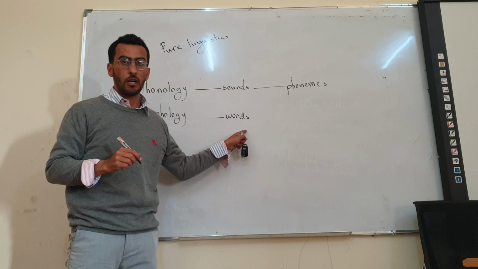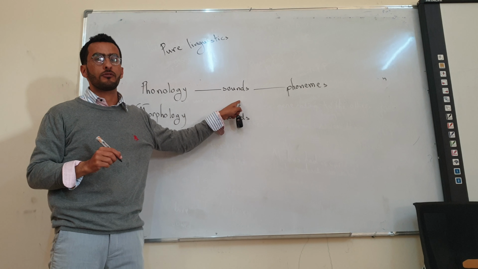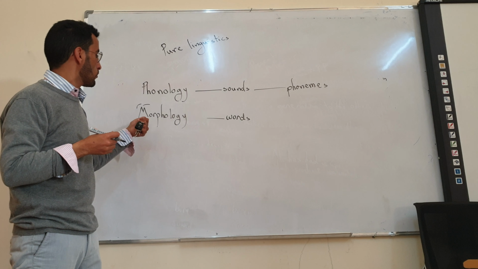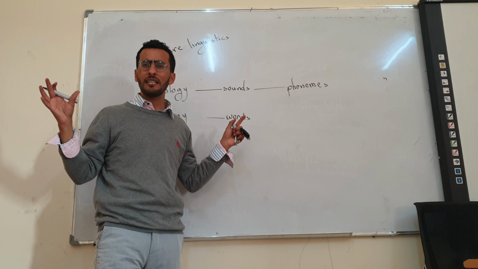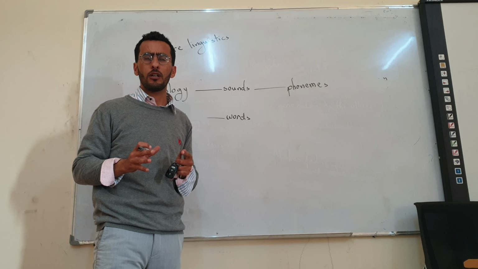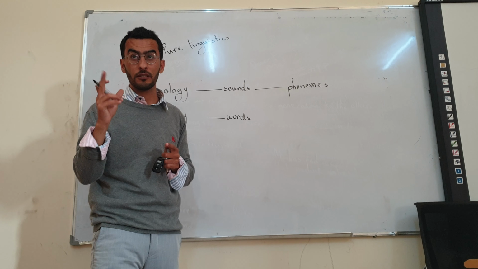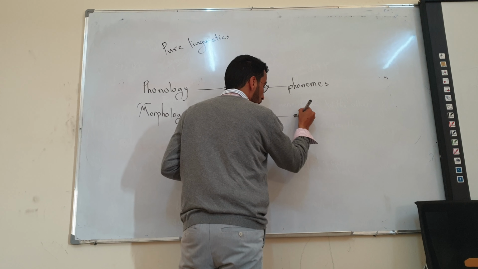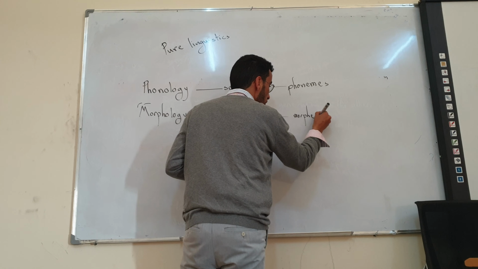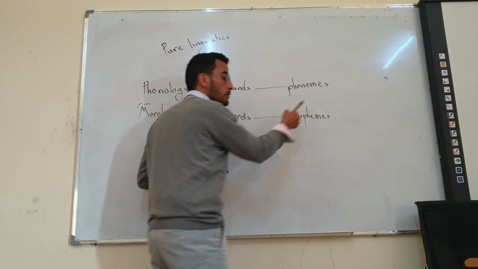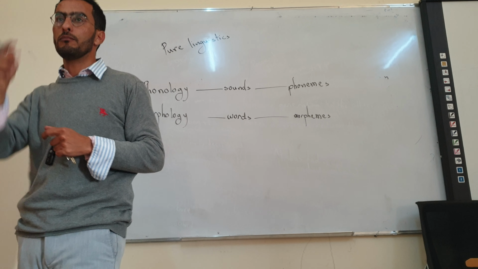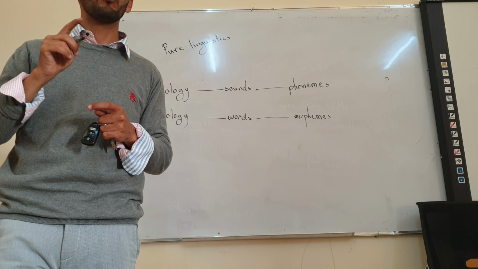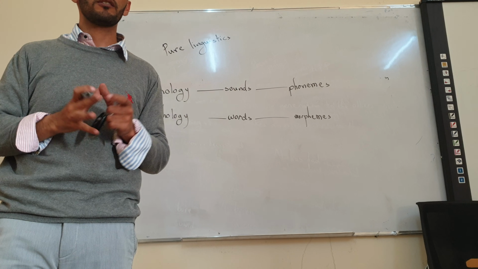Morphology studies words. Phonology sounds, the phonemes. Okay? Morphology words. The smallest meaningful part of a word is, hi guys, the morpheme. You should know about these terms, guys. In the academic terms, phoneme means sounds, okay? And morpheme means the smallest part of a word.